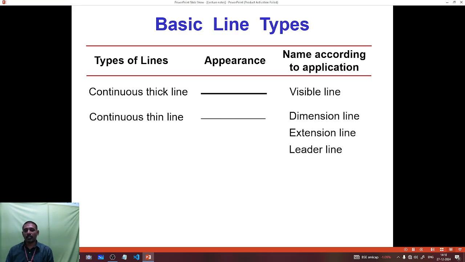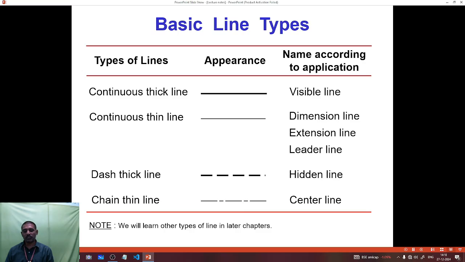The second one is the continuous thin line, which we use for the dimension line, extension line, and leader line. The next one is a thick dashed line, which means hidden lines use this kind of line.